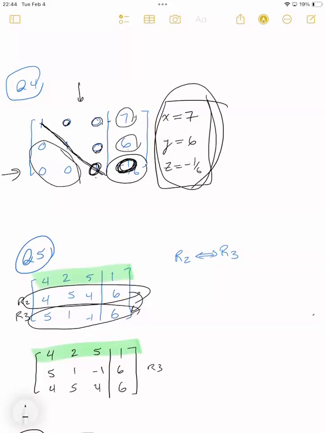For all the other rows, the first non-zero entry should be 1. So this is 0, but this is not 0. So this number here should be 1. And then the leading 1 in each non-zero row is to the right of the leading 1 in the row immediately above it.